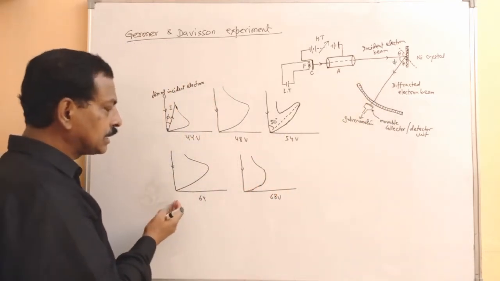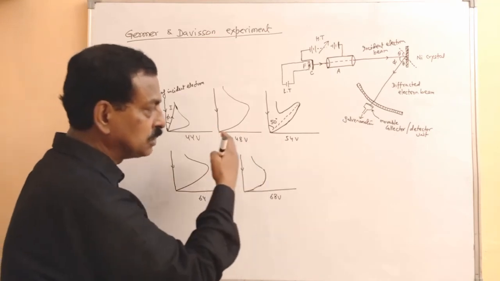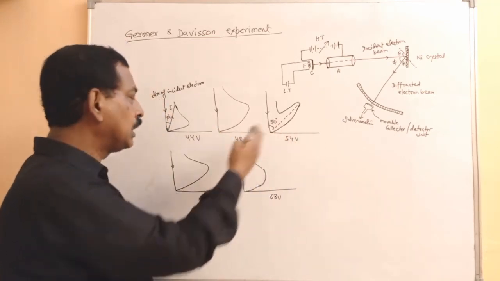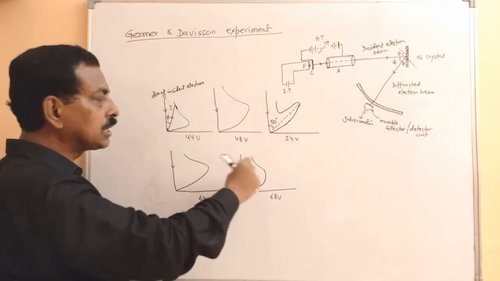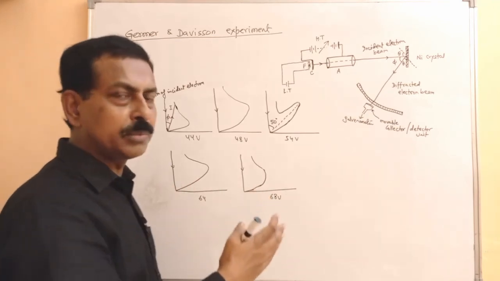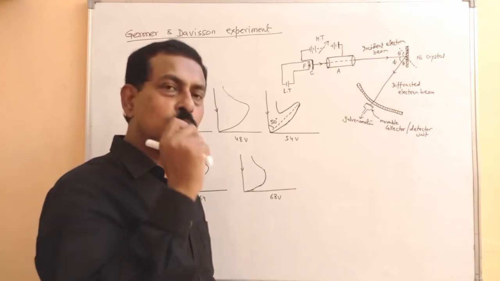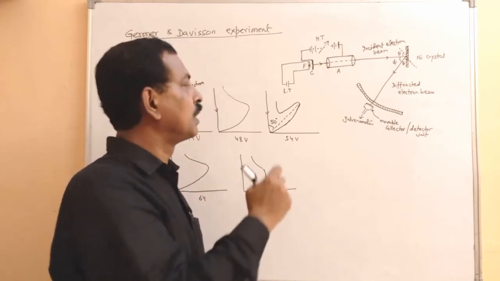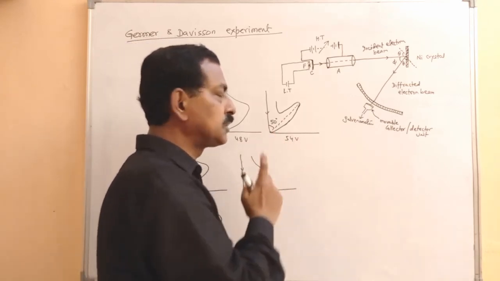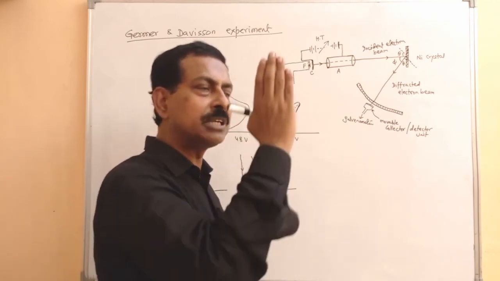And at other voltage, that means if you increase beyond 54, again it will start getting broader, and at 68 again it will become as broad as it was earlier. So only at a particular voltage of say 54 volt, it is giving a very sharp peak.